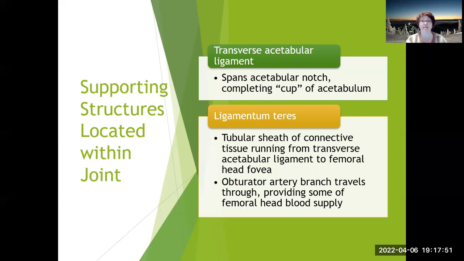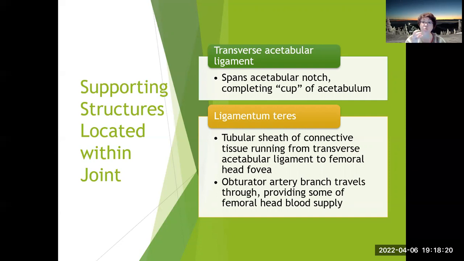So the ligamentum teres is a tubular sheath of connective tissue that runs from the transverse acetabular ligament to the femoral head. It's a little tube of connective tissue, and it carries a branch of the obturator artery through the ligamentum teres, and it provides some of the blood supply to the femoral head.